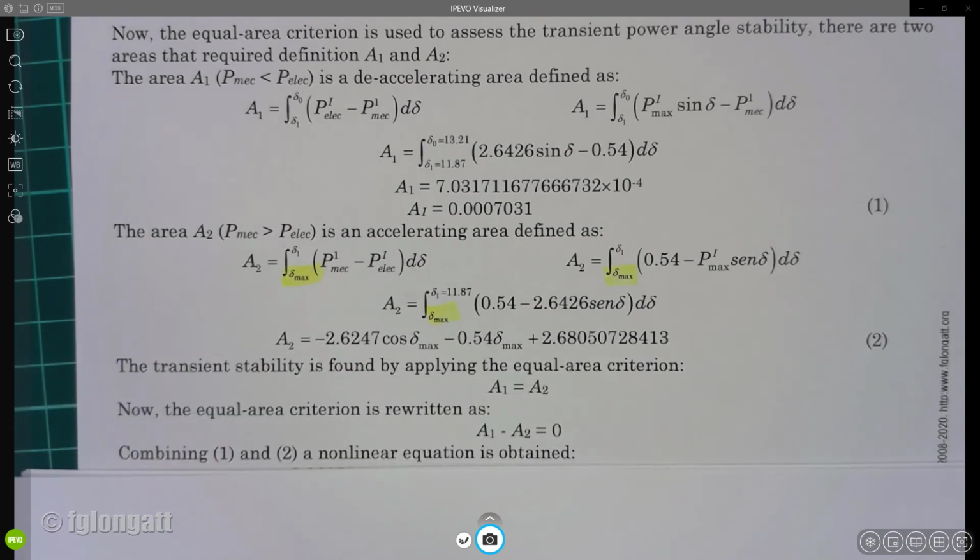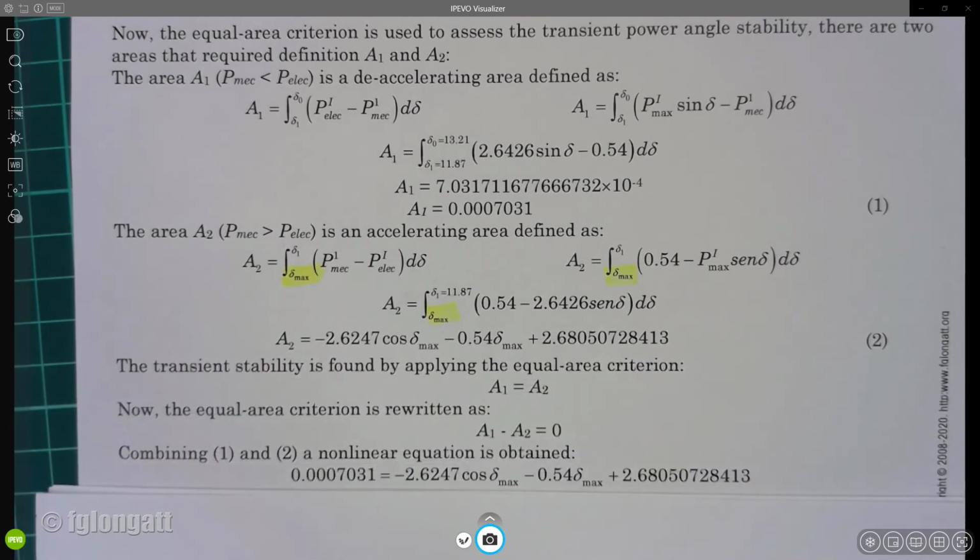What is the next step? The next step is applying the equal area stability criterion, and what I am doing is equalizing the area 1 with the area 2, which is similar to taking the difference between those.